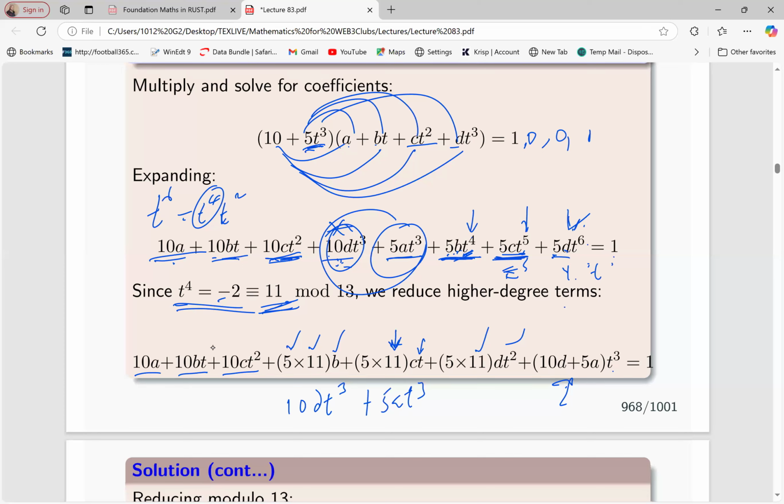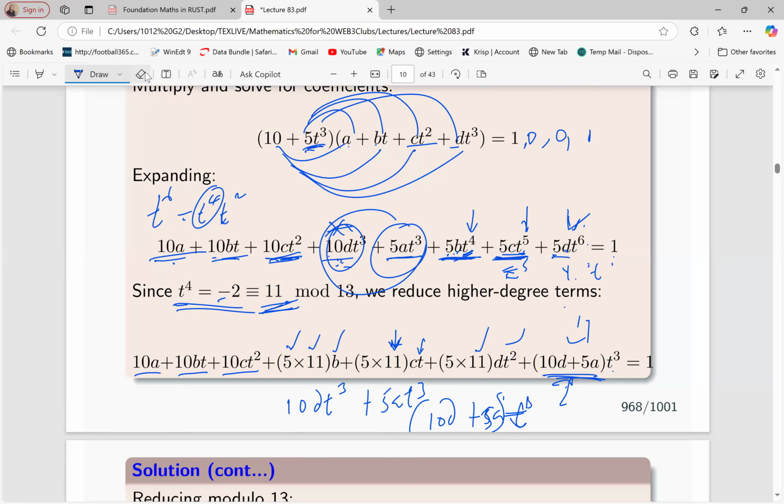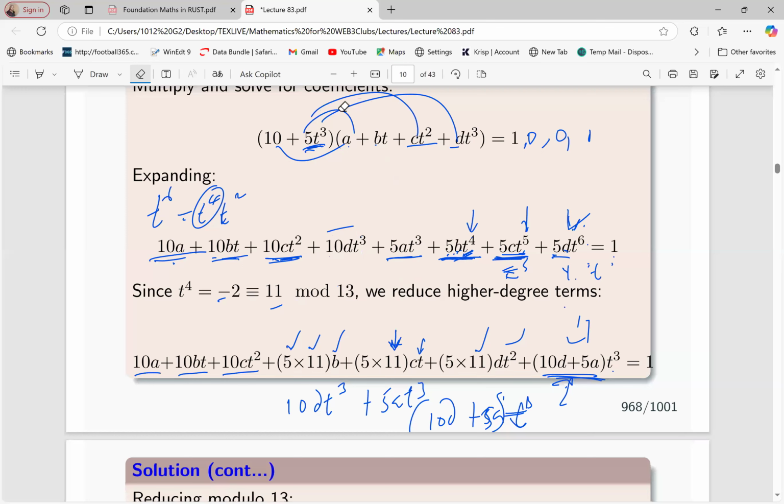These ones I've just put here. I decided to factorize t cubed outside to minimize on space because it was getting outside my page. And so when you factorize, what you get is what I've written there. Now, we've reduced t raised to 4, t raised to 5, t raised to 6 using our irreducible polynomial.